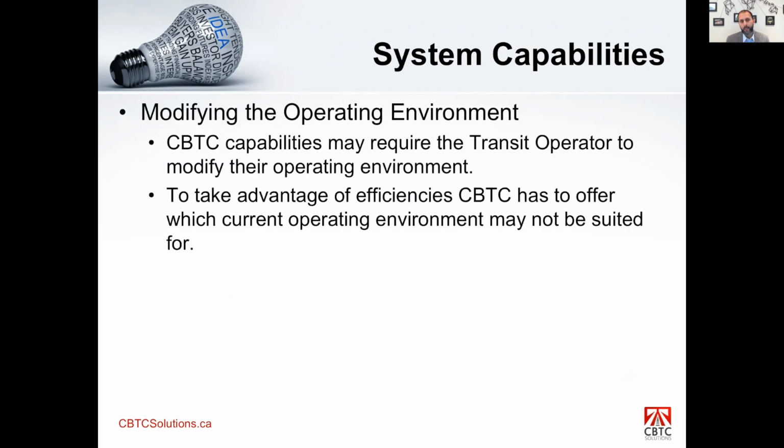Now, the next topic is modifying the operating environment. As I mentioned earlier, not only are you defining capabilities that you're expecting from the CBTC solution, but you also want to understand the capabilities that CBTC brings to the table and whether or not the operating environment needs to be modified. The purpose here is to take advantage of the capabilities that CBTC has to offer. You don't want to be stuck in a traditional model with a brand new system. So you need to take a critical look at your environment and determine, okay, do we need this department still, or do we need to change their job responsibilities?